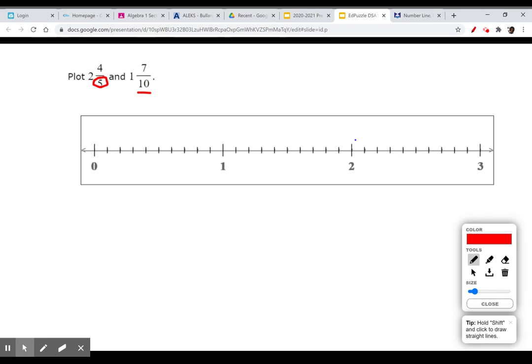Now, as I look at my number line, I see that this is clearly not being broken up into 5 parts, but it's definitely being broken up into 10 parts. So I'm actually going to start with this one, right? So if I'm doing 1 and 7/10, it's 10 steps so I get to the next number.